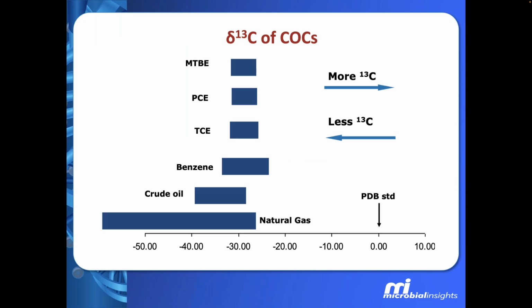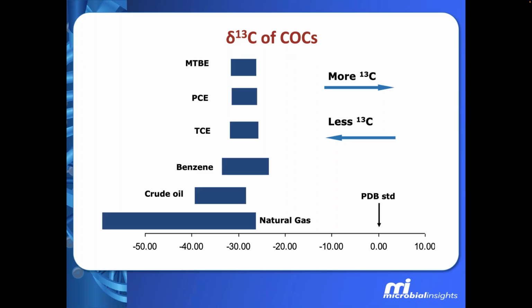To give you an idea of what kinds of numbers are going to be typical of source material like crude oil, as well as manufactured or isolated products like benzene, TCE, PCE, MTBE, you can see the values on the scale on the bottom there on the x-axis, and you can see they're negative numbers.